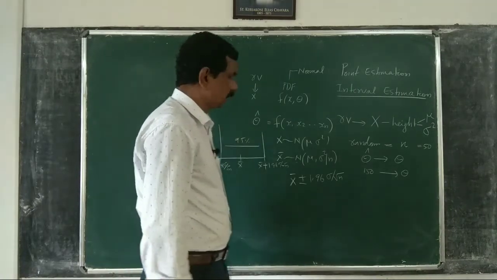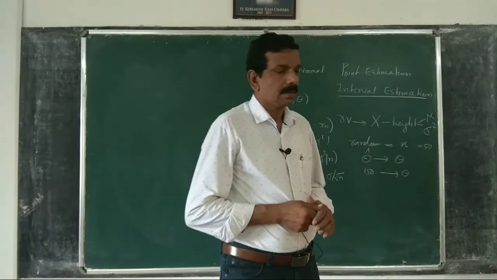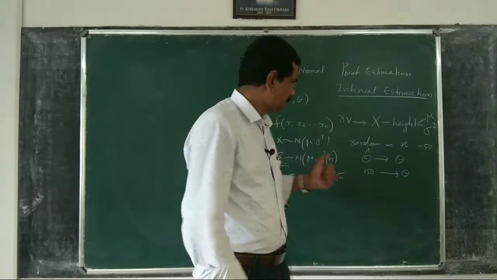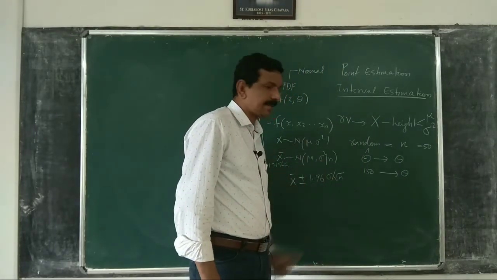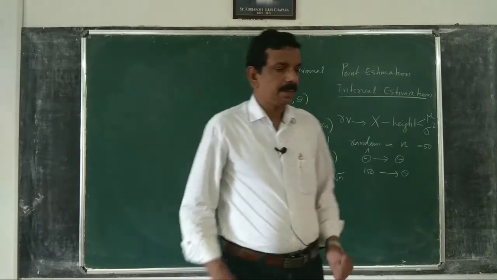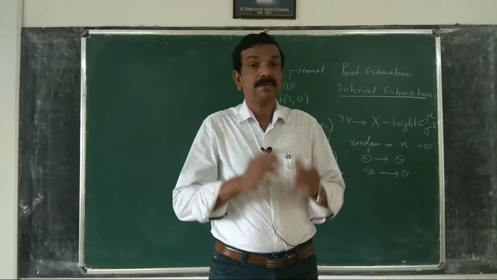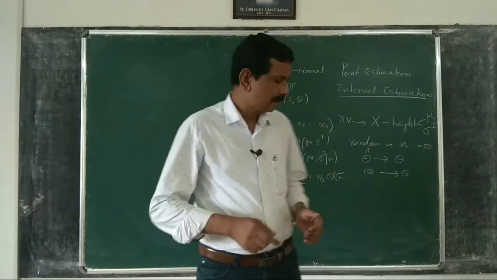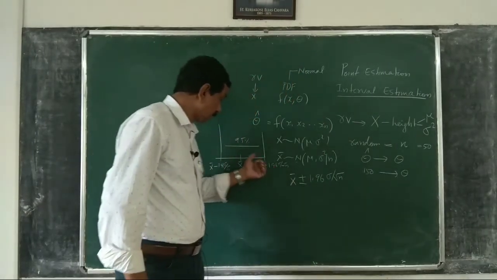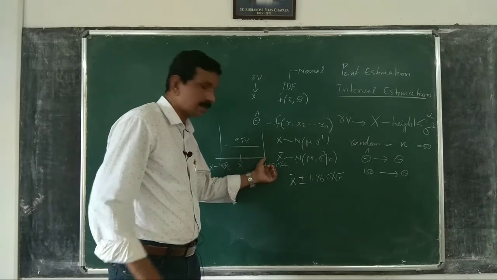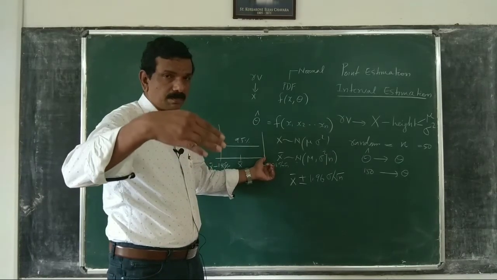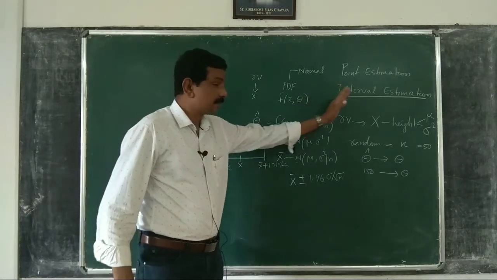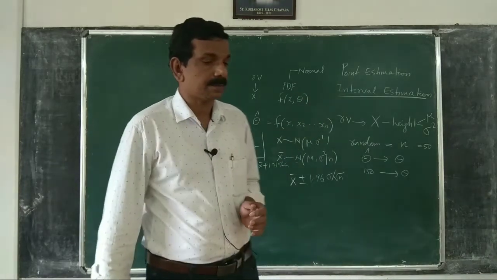So what we say is, if x is normal, x bar is also normal, and we construct an interval like this and say that the probability is approximately 95% that intervals like this will include the true parameter. This is what is known as interval estimation.